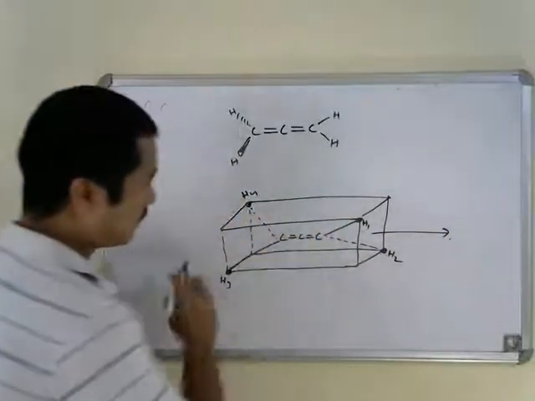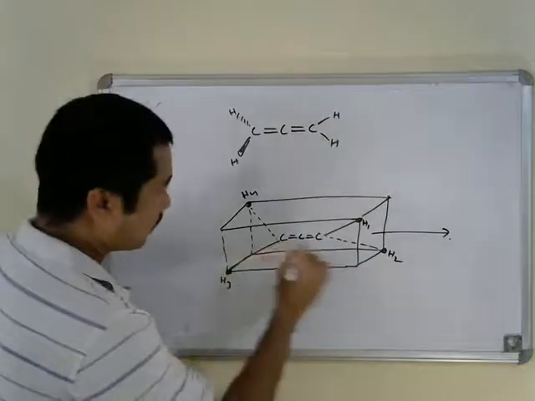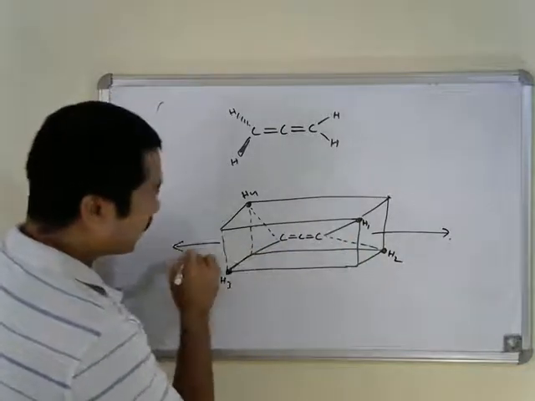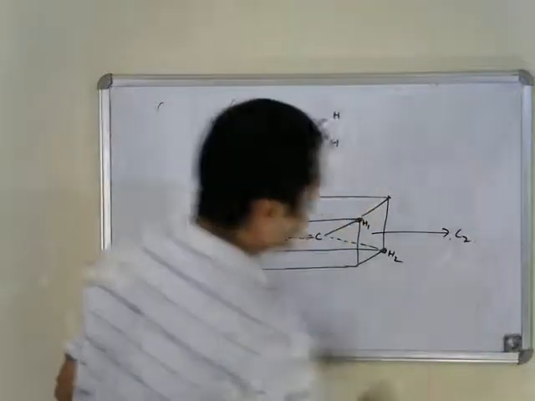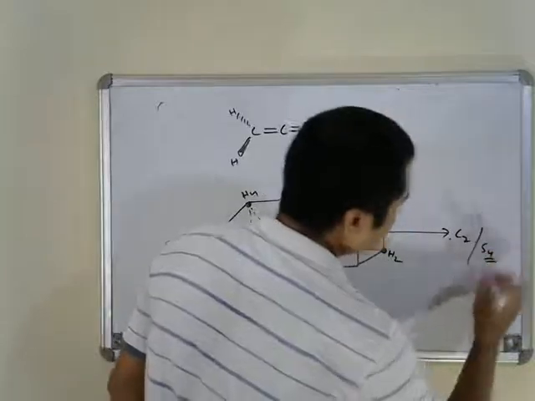along the CCC bond in this molecule. It goes this way. So this is the C2 axis of symmetry, and collinear to this C2 axis of symmetry there is an S4 axis of symmetry.